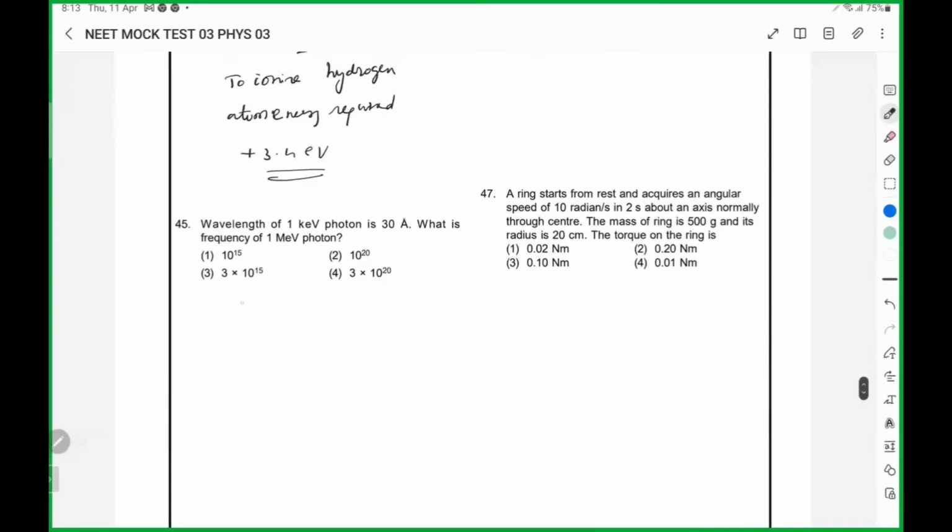So what is the frequency of a photon of one wavelength here? Let's see by the energy of a photon.